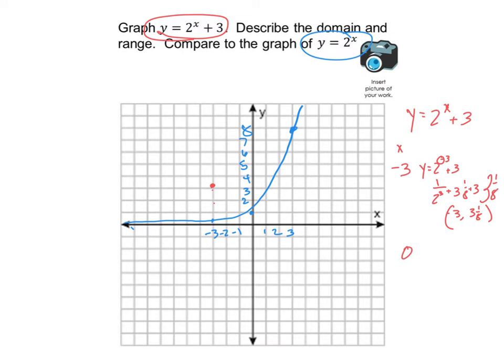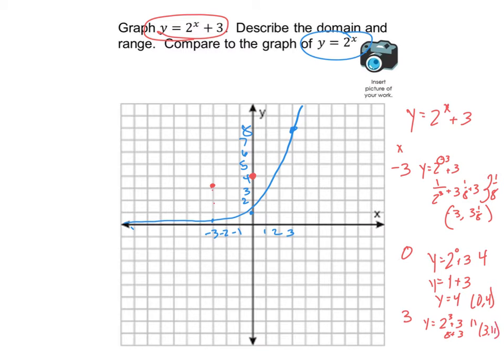Okay, now x is 0. y equals 2 to the 0 power plus 3. 2 to the 0 power is 1. 1 plus 3 is 4. So my other point is going to be 0 comma 4. Then positive 3. y equals 2 to the positive 3 plus 3. 2 to the positive 3 is 8. 8 plus 3 is 11.